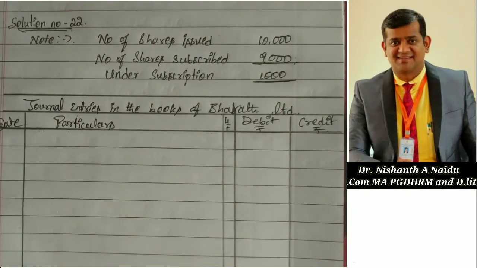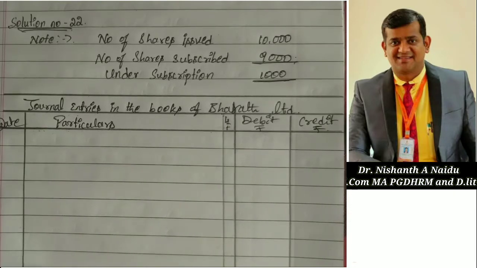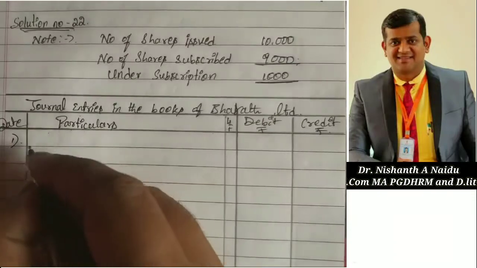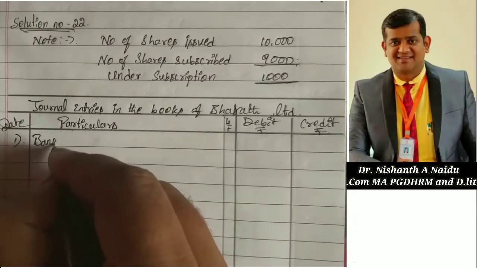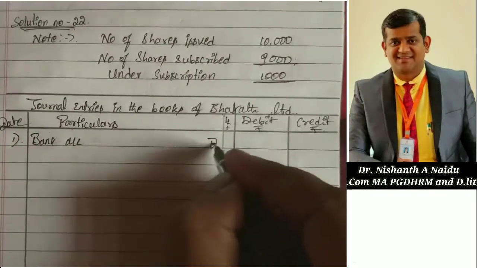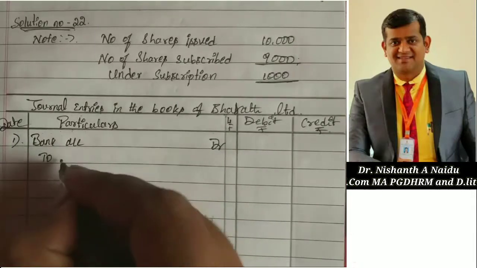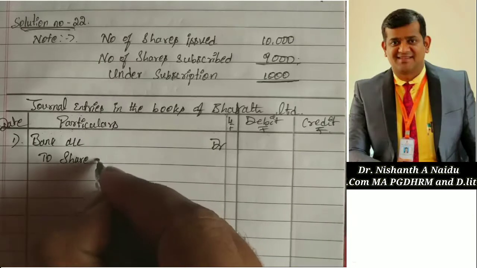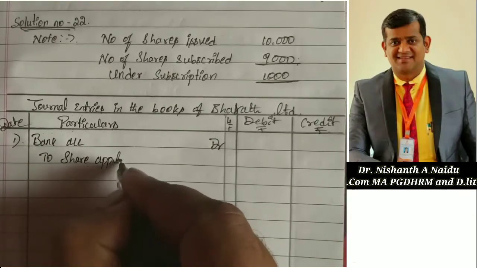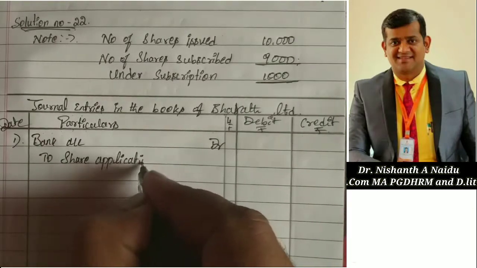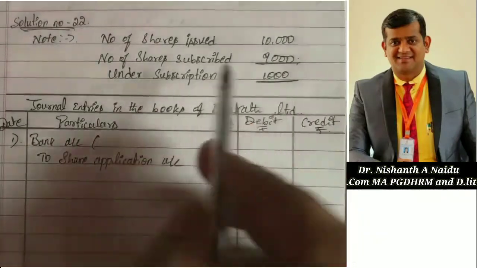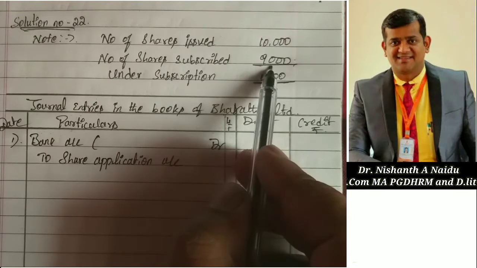Let us start with the journal entry. The first journal entry is for receipt of application money. It always starts with bank account debit to share application account. How many shares were subscribed by the public? It is 9,000.